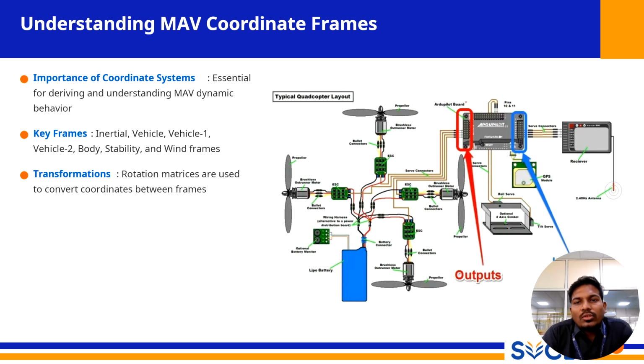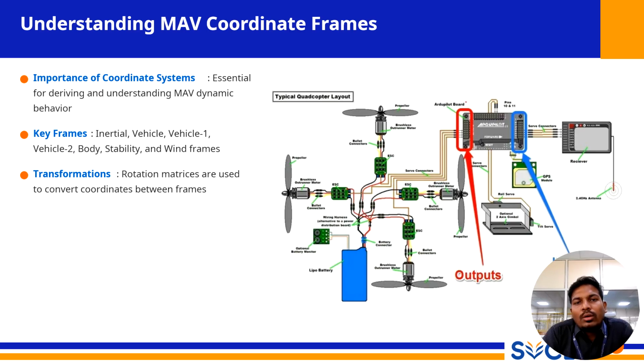To manage this complexity, we use several key coordinate frames. As the slide lists, these include inertial, vehicle, vehicle 1, vehicle 2, body, stability, and wind frames.